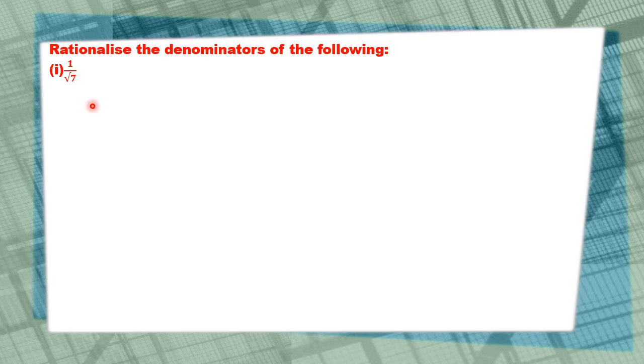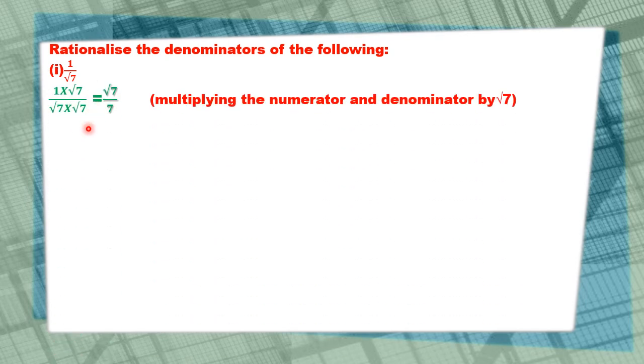Now, how does it work? Let us see. Here you can see that root 7 into root 7 is equal to 7. It means the roots have got eliminated. But during this process, we have even multiplied by root 7 in the numerator. Why have we done so?